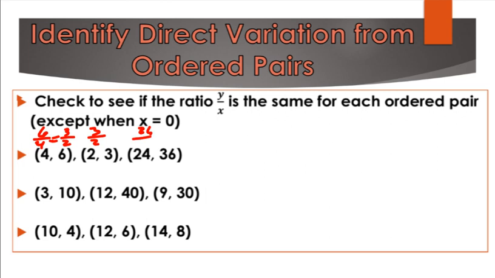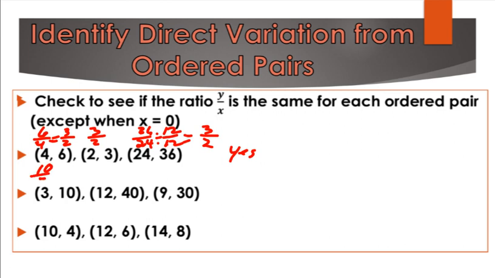And 36 divided by 24, we can divide that by 4/4. That gives us 9/6. Actually, to make this easier, let's divide this by 12/12. 36 divided by 12 is 3. 24 divided by 12 is 2. So yes, this is direct variation.